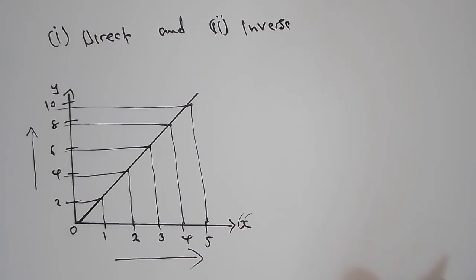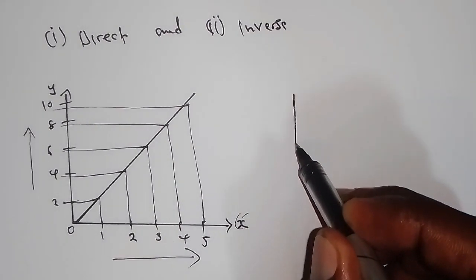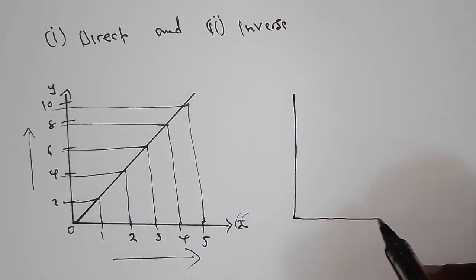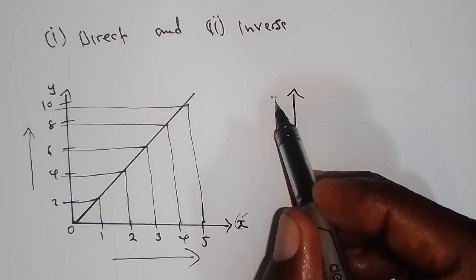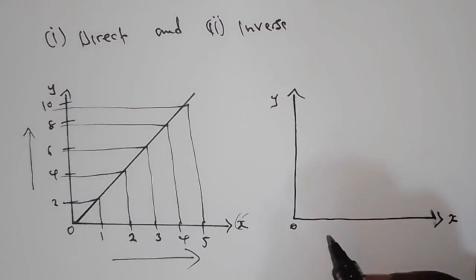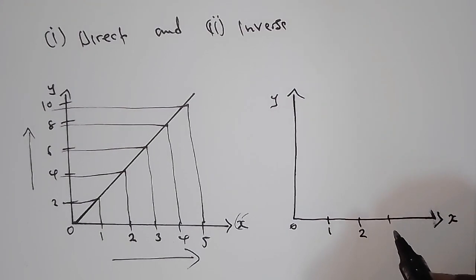Okay. And now for the inverse, is that as one variable. So for example, this is x and that is y. So you can have, let's say this is 1, this is 2, this is 3, this is 4.